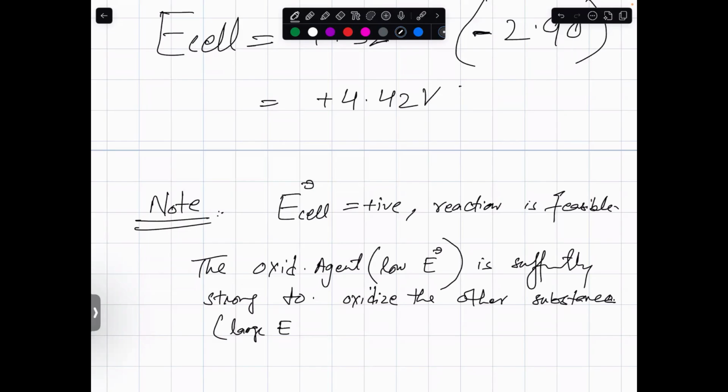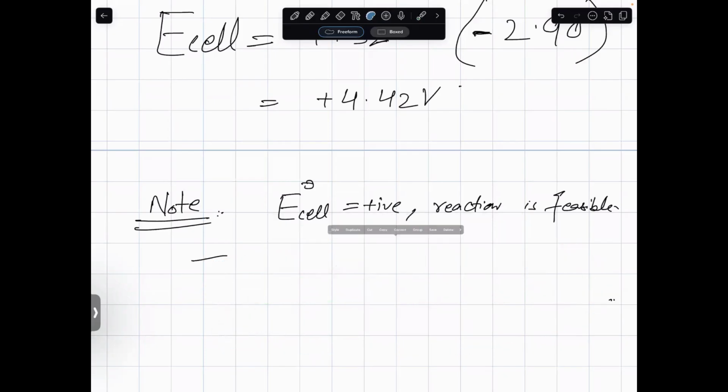The oxidizing agent with large E naught is sufficiently strong to oxidize the other substance that has low E naught, and itself get reduced. Or the reverse argument. I think I'm making this a bit confused, so keep it simple.